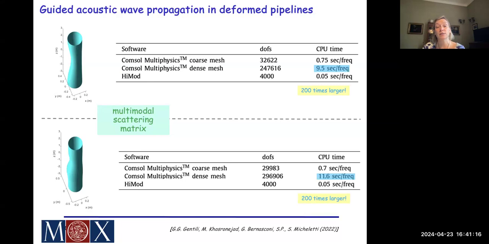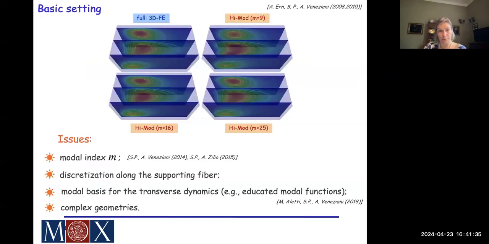And also in that case, in the presence of different possible configurations for your waveguide, we have been able to correctly replicate the trend of, again, the components of the scattering matrix with a considerably lower CPU time.